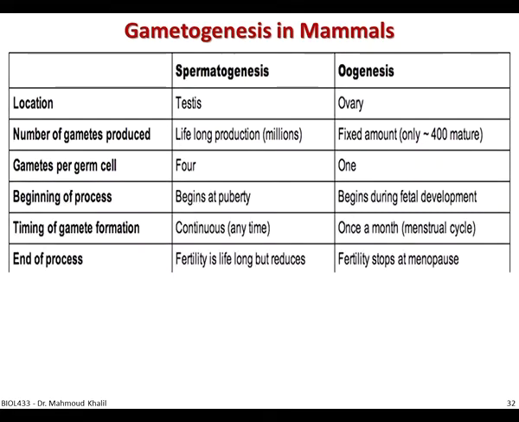The beginning of the process starts at puberty in spermatogenesis, while it begins during fetal development for oogenesis. The timing of gamete release continues anytime throughout life in male, but for the female it is once a month. The end of the process, as we said, the fertility is lifetime, but the efficiency is reduced, while in female the fertility stops at the menopause.